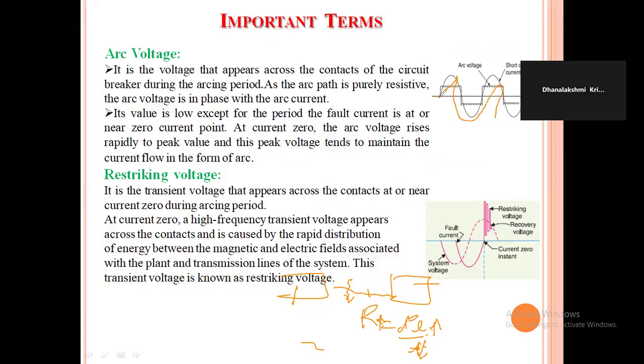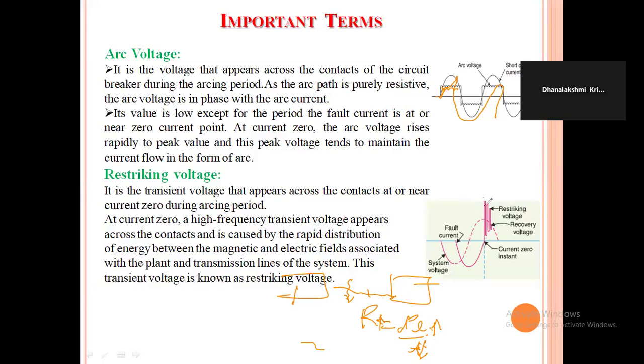In the arc voltage, this spike is the arc voltage. The voltage that appears across the contacts of the circuit breaker during the arcing period is called arc voltage. The arc voltage and the arc current are in phase, and it acts as purely resistive. At current zero, the arc voltage rises rapidly to peak value, and this peak voltage tends to maintain the current flow in the form of an arc.